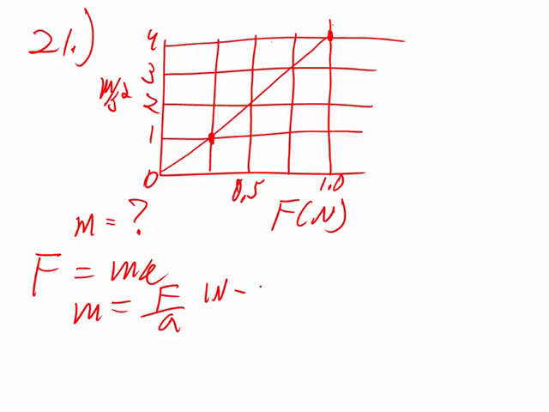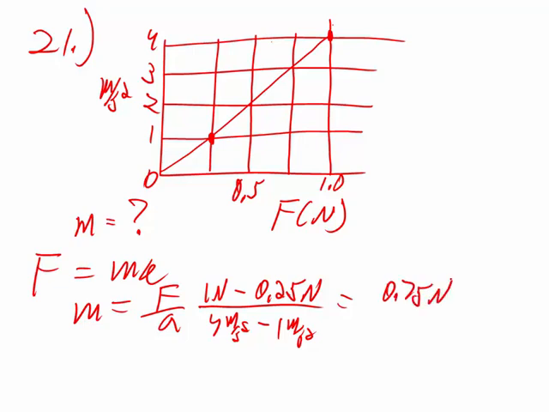Yeah, 0.25 newtons. And then the acceleration here is 4 meters per second squared minus 1 meter per second squared. So we have 0.75 newtons divided by 3 meters per second squared.